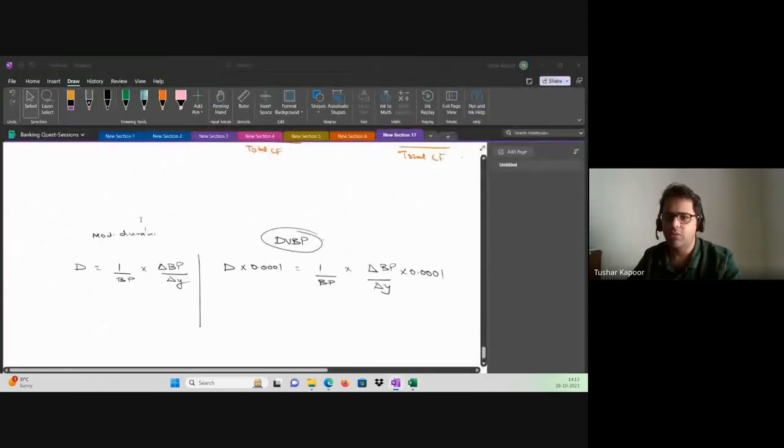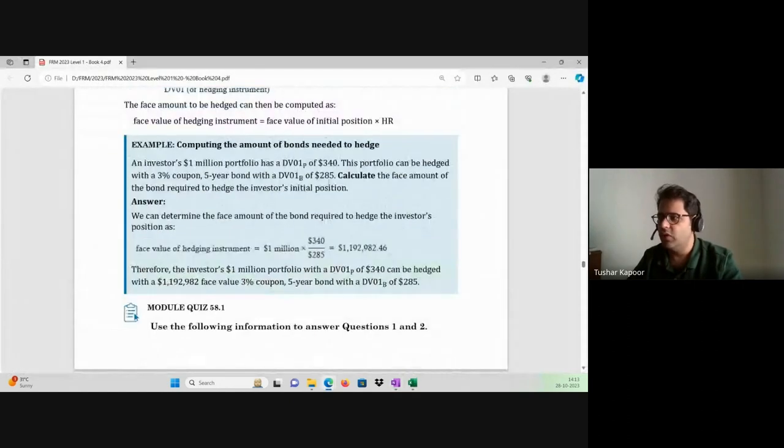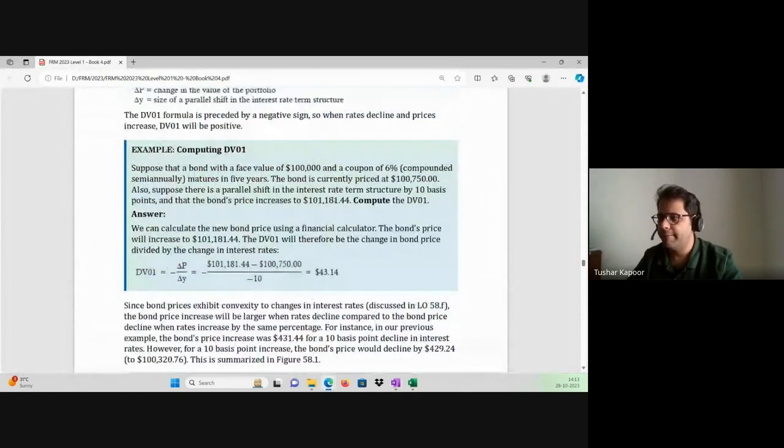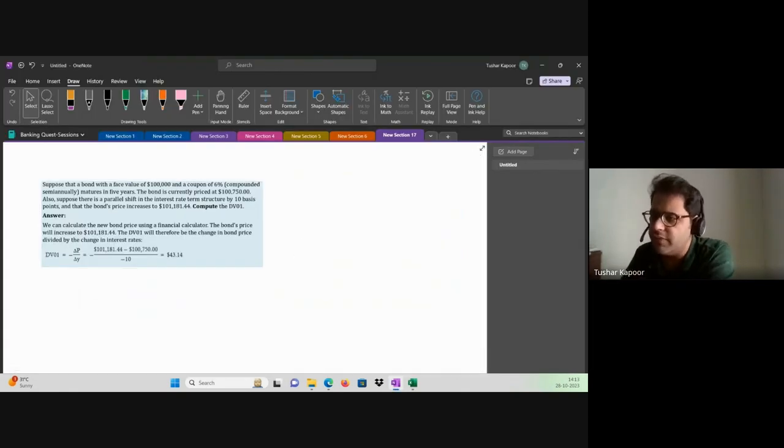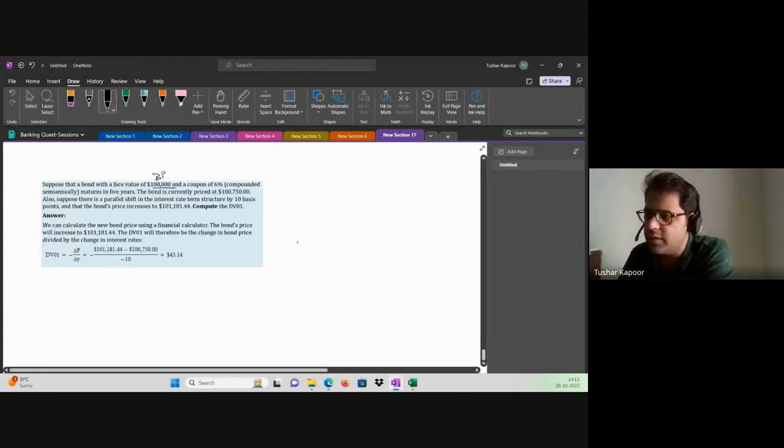Now we go back to the question that we have for calculating this DV01. Suppose a bond with a face value, which is the bond's initial price, of $10,000, with a coupon rate of 6% paid semi-annually, matures in 5 years. So it is a 5-year maturity, semi-annual 6% coupon. The current bond price is this one. Suppose there is a parallel shift in the interest rate of 10 basis points and the bond price increases to this.